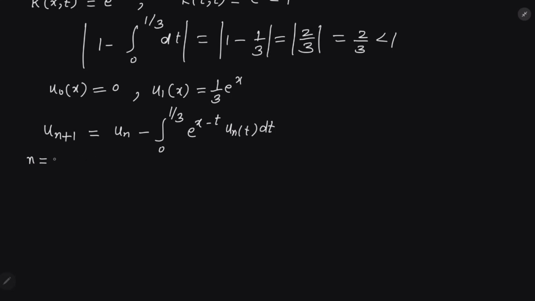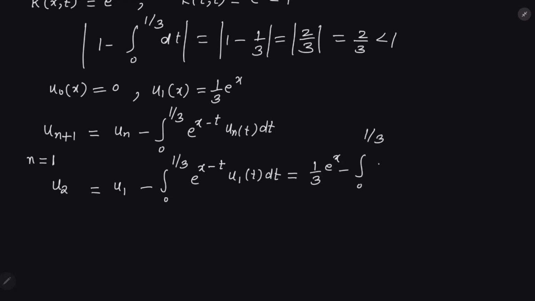So what we do, we put n equal to 1. So we have u2 equal to u1 minus integral 0 to 1 of 1 by 3 e raised to power x minus t u1(t) dt. We put the value over here, 1 over 3 e raised to power x minus integral 0 to 1 of 1 by 3 e raised to power x minus t times 1 over 3 e raised to power t dt. We solve this equation.